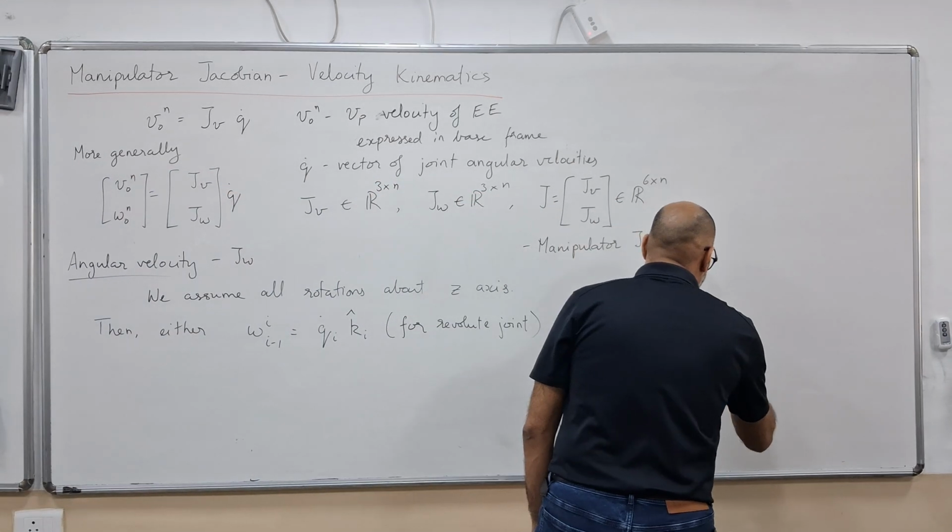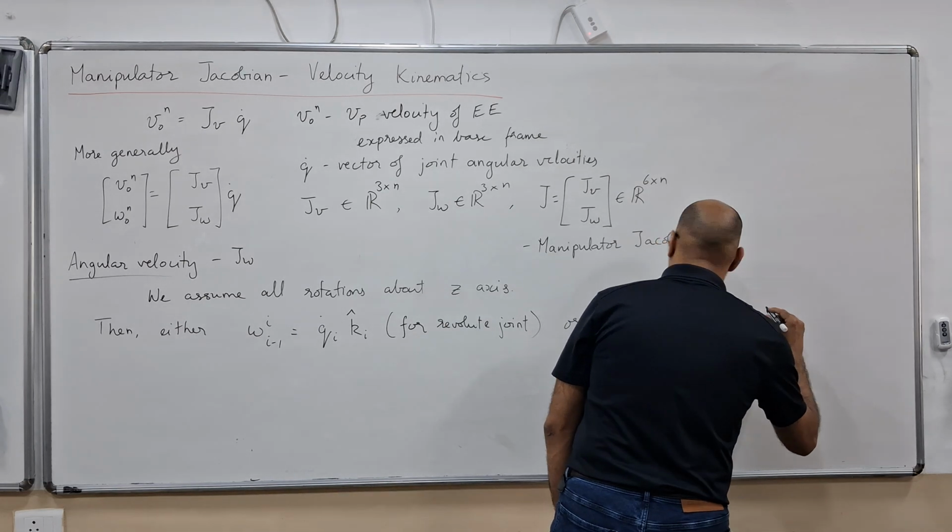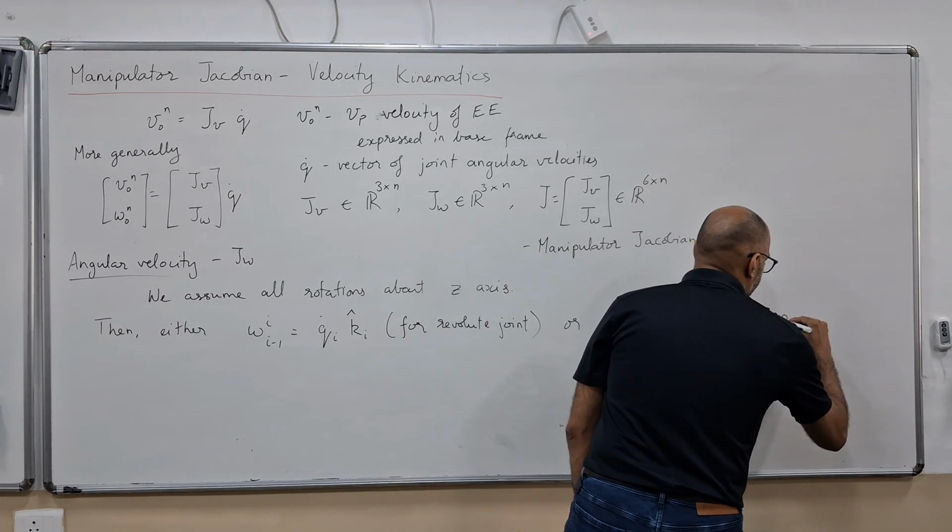So this is equal to 0 for a prismatic joint.